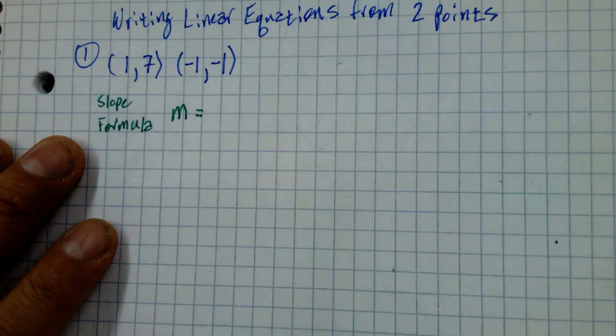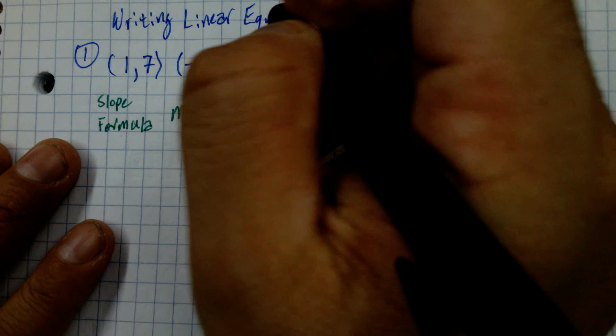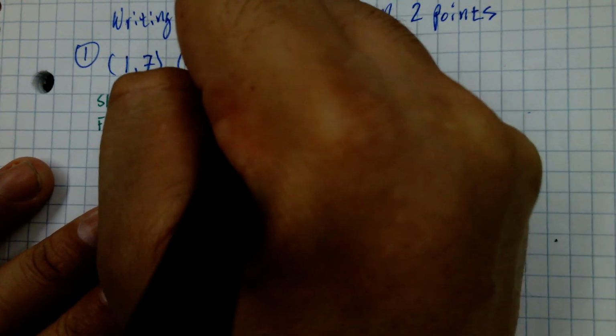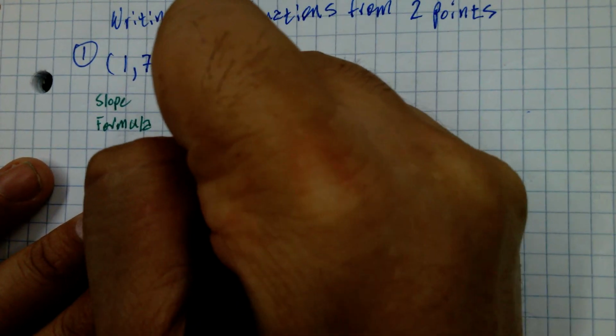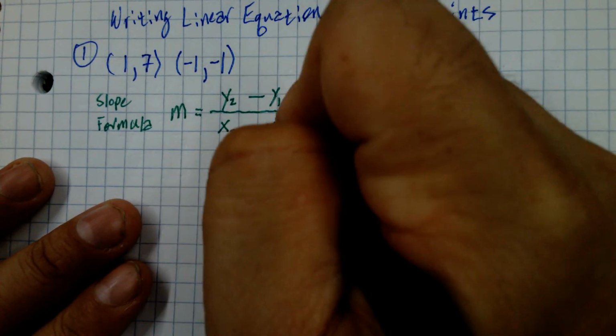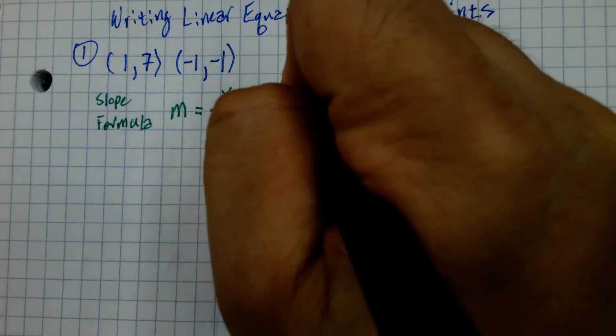Okay, so the slope formula, it's right behind me here, but it starts, the slope, m, is equal to the difference in the y values. We call that y2, take away y1, over the difference in the x values. So that's x2 minus x1. Okay, so we're going to use that formula.